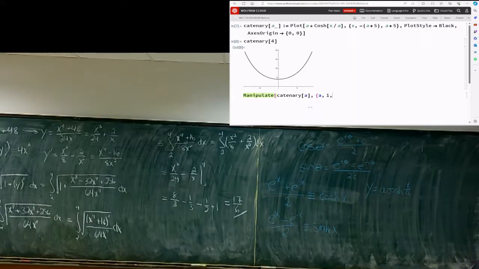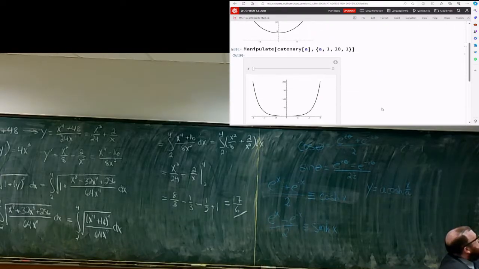Stick with 1 to 20 and up it by 1 each time. I may want to actually adjust the plot range. How did I do it before? I stuck the plot range 0 to 100 originally.